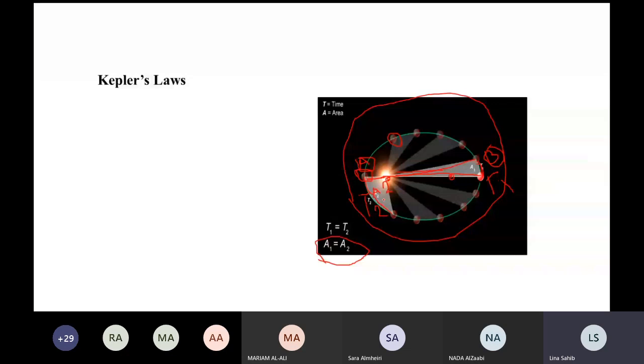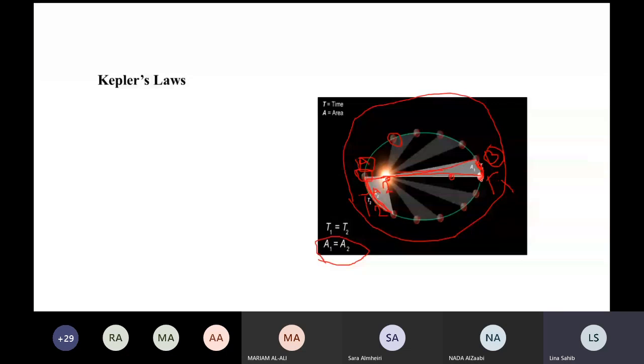Again, in A, the arc is longer. Can you see that? But here the velocity is faster, while the arc in the other is shorter, but here it's moving slower. So the time taken to finish both areas is equal.